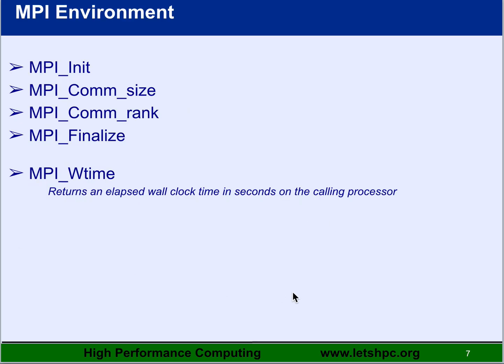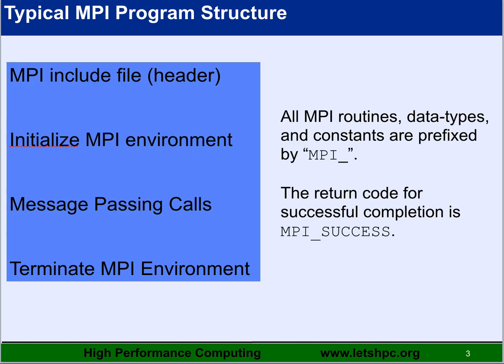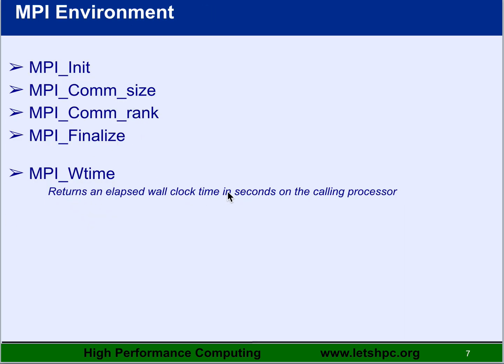If you remember that particular program structure, the MPI environment basically consists of these important calls: MPI init, MPI finalize, and MPI comm size and comm rank, which we'll discuss.